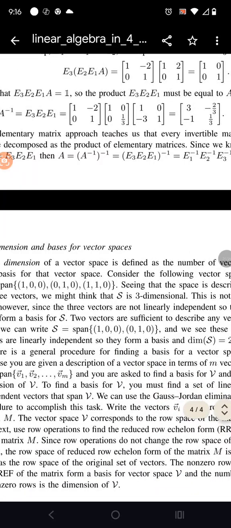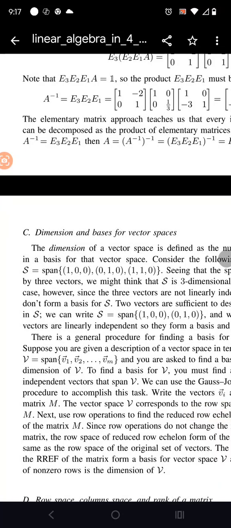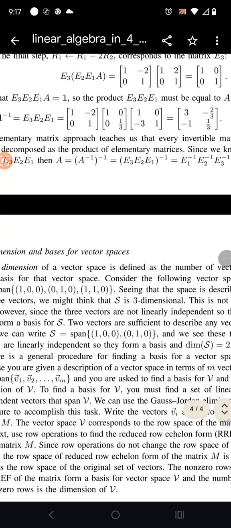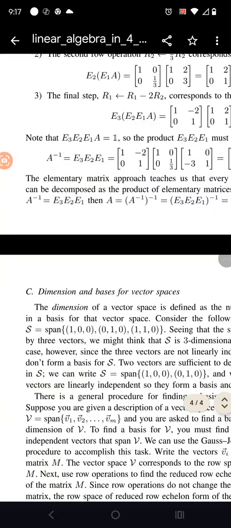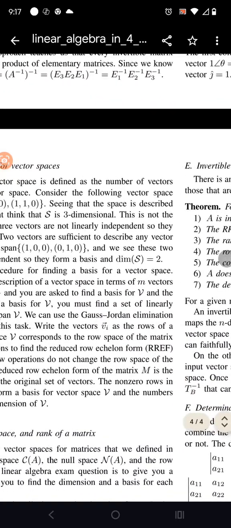The dimension of a vector space is defined as the number of vectors in a basis for that vector space. So here, span of (1 0 0), (0 1 0), (1 1 0), so we have the dimension 3.